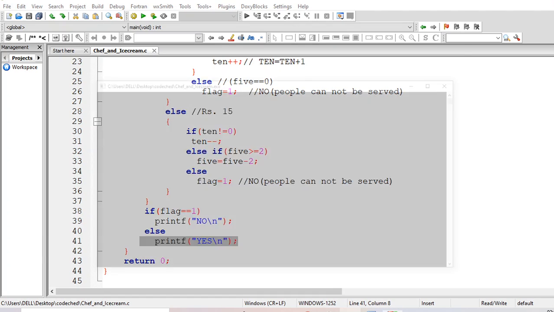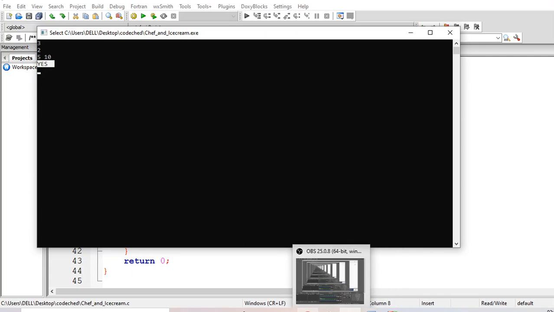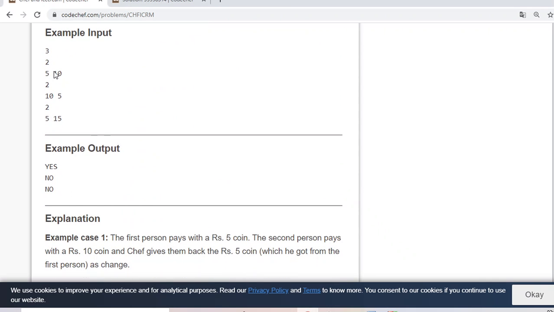Now see the output. There are 3 test cases. In the first test case there are 2 customers, the value of n is 2, and the first customer has a 5 rupees coin and the second customer has a 10 rupees coin, so it will be yes. See, it is yes.